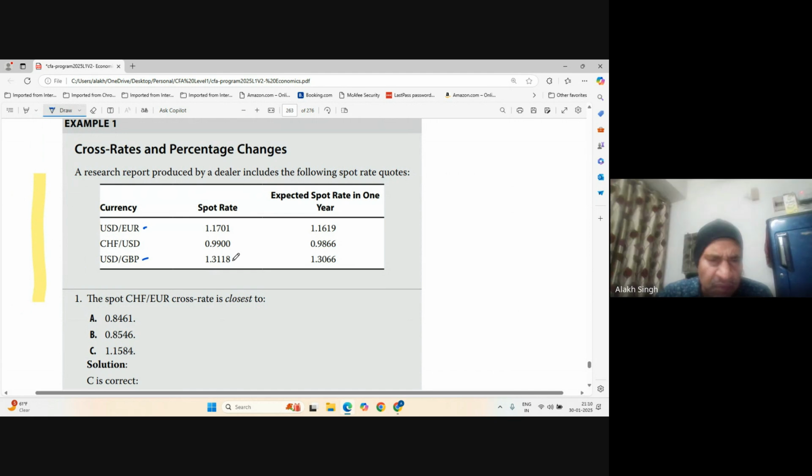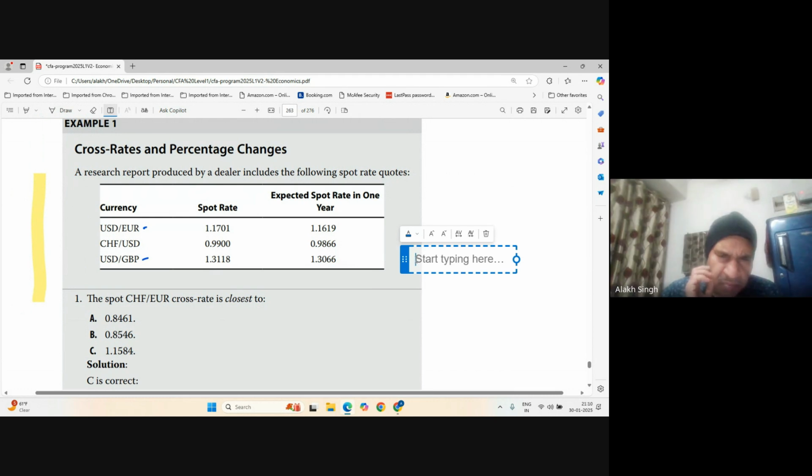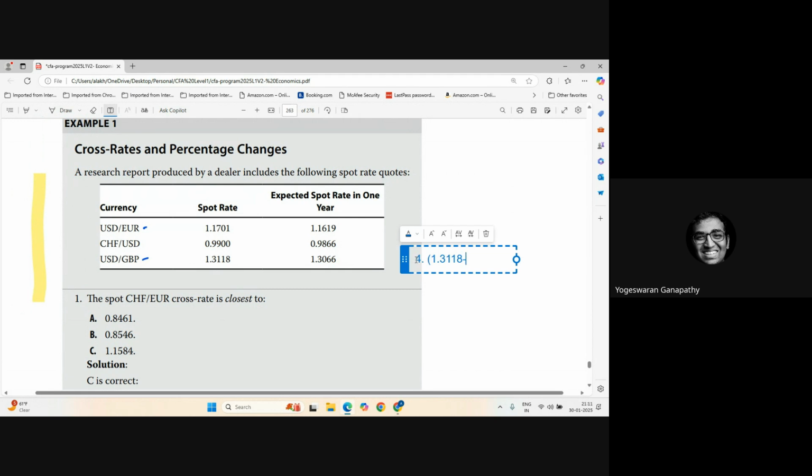Okay, so what we will do, 1.3118 minus 1.3066 divided by 1.3118. Our equation would be this. Answer 3.9%. 3.9% or 0.39%. Okay, let's see. Sorry, 0.39%.